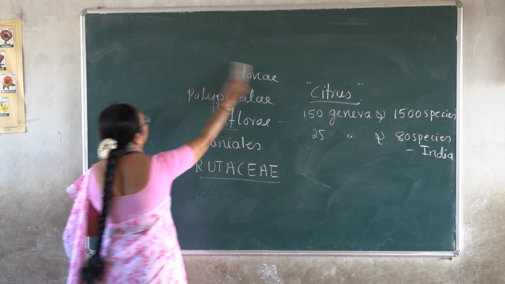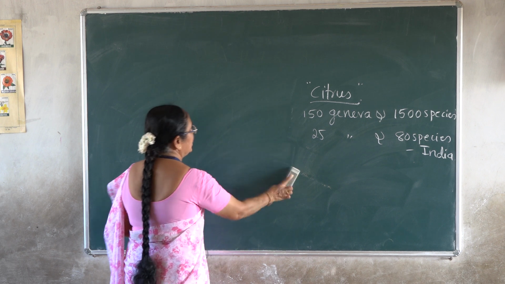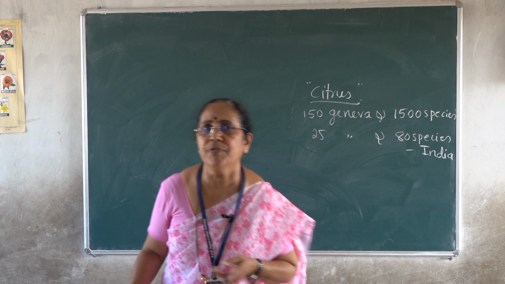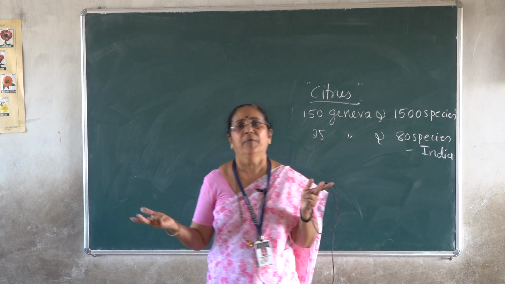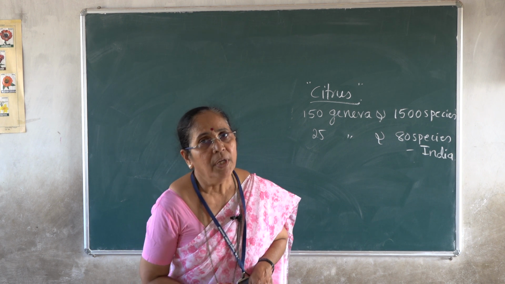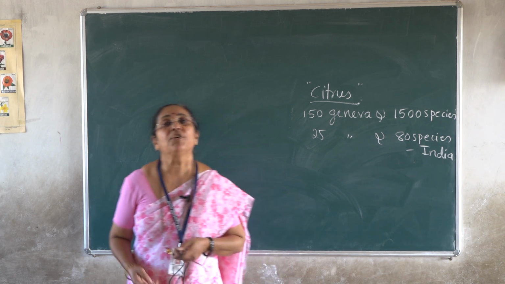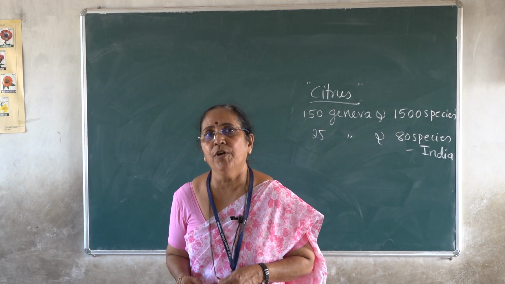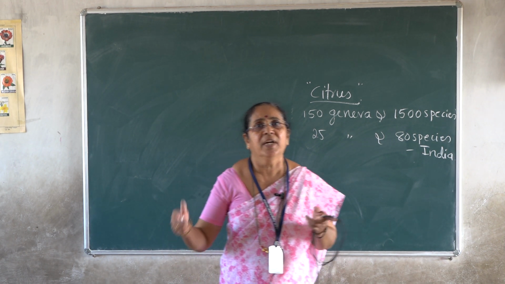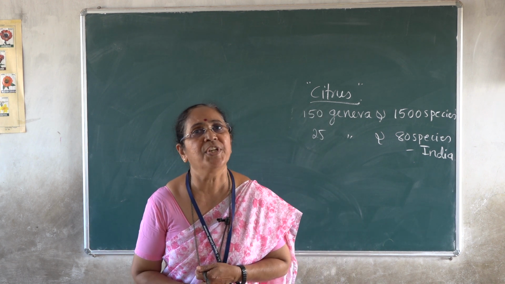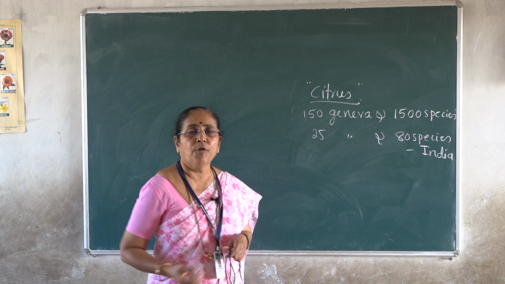Before going on to the habit character of the plants which belong to the citrus family, let us check out the examples which you have seen in your daily life, in your home garden or in your field or the farm. You might have seen all these varieties of lemon. It may be sour variety of lemon, sweet lime, or bitter lime, and all these lime and lemon species belong to the family Rutaceae.